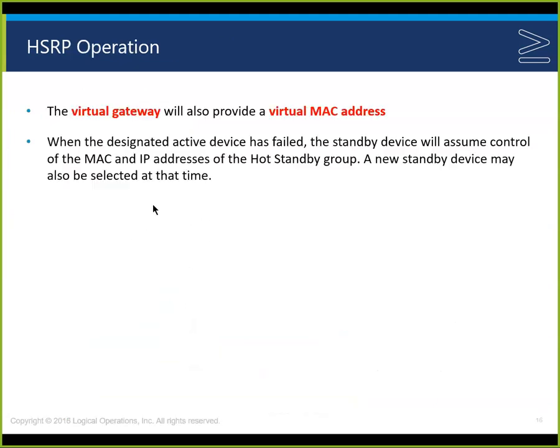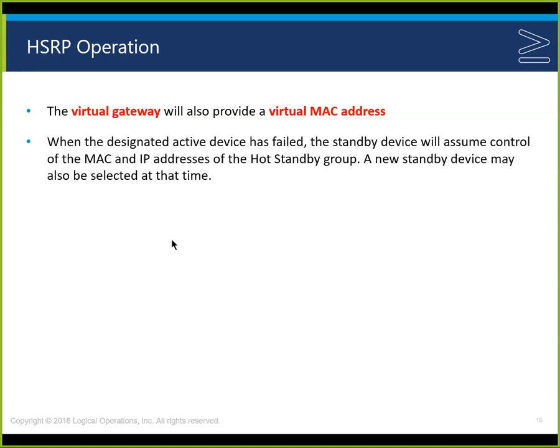The virtual gateway provides a virtual MAC address, and to me, the virtual MAC address is a pretty big deal, because if we just shift it over, we're going to have to wait until the ARP cache times out, or we get some sort of ARP update in order to change the ARP table, because we go to the MAC address for that IP address, whichever one we are sending the information to.